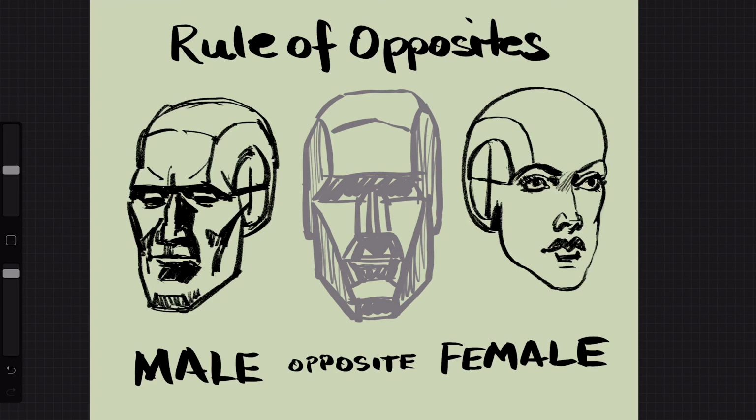Very cool. So remember, the proportions are constant. But using the rule of opposites and understanding that female hormones create softer, more delicate tissue, curvier bones, not as angular, not as harsh, and male hormones make things overgrown.